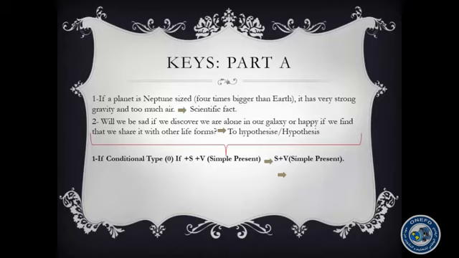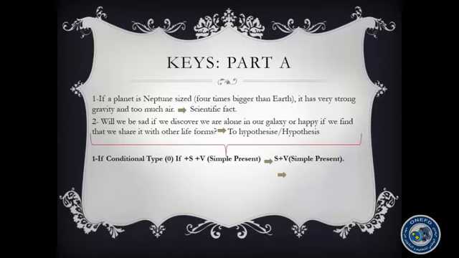Why? Because we have the if clause, it's if plus subject plus verb in the present simple, and the main clause, it's subject plus verb in the present. So when we have an if conditional that corresponds to the rules of type 0, it explains a scientific fact.